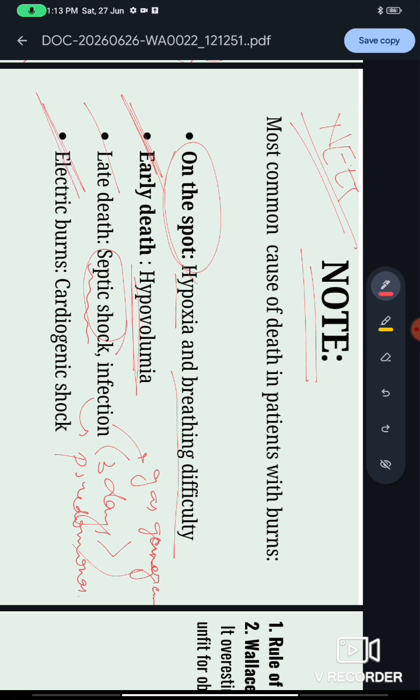Most common cause of death in electric burns and hydrofluoric acid accidents, it is cardiogenic shock. Clear?